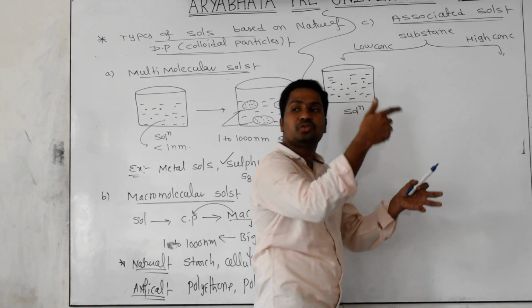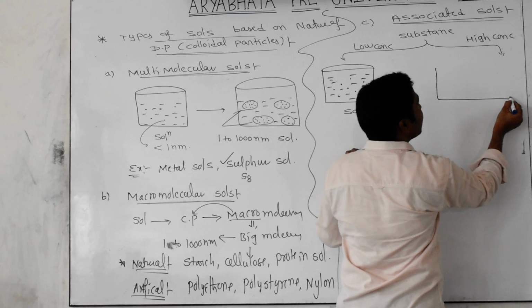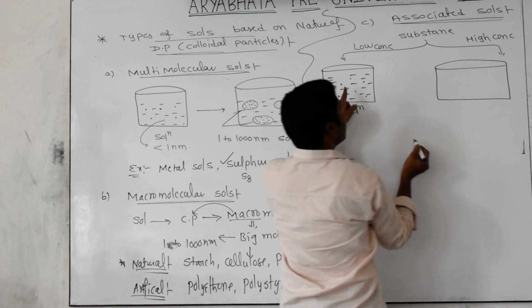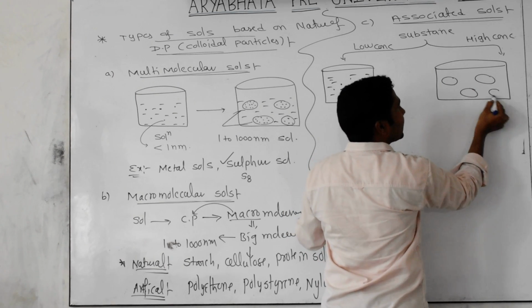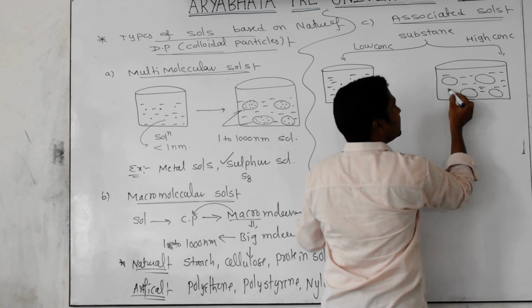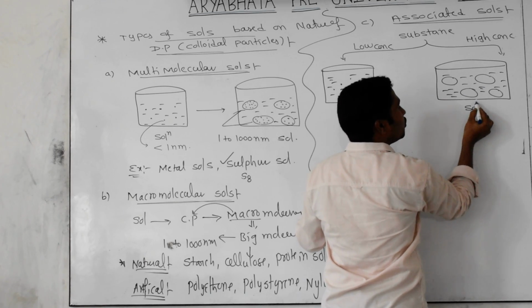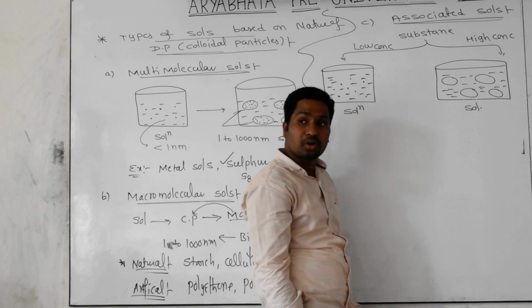The big sized particles are what we call sols. Whenever you take the same substance at high concentration, those small particles aggregate together, becoming like a colloidal particle. Then it becomes sol behavior. That sol is what we call associated sols or colloids.